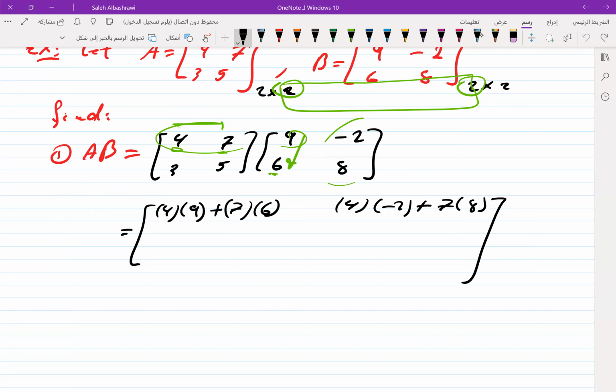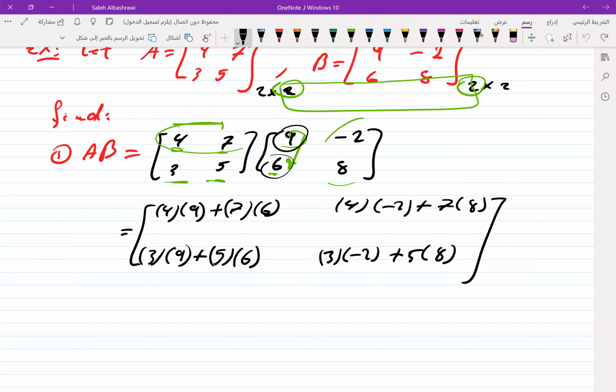Do the same thing for the second row. I have 3 and 5. So I will have 3 by 9 plus 5 multiplied by 6. Now move to the second column: 3 multiplied by minus 2 plus 5 multiplied by 8.